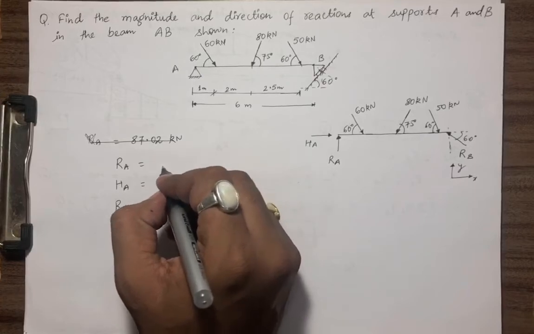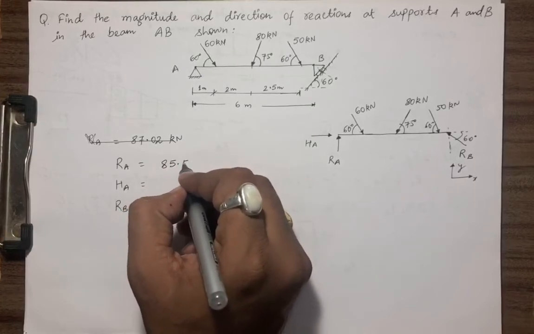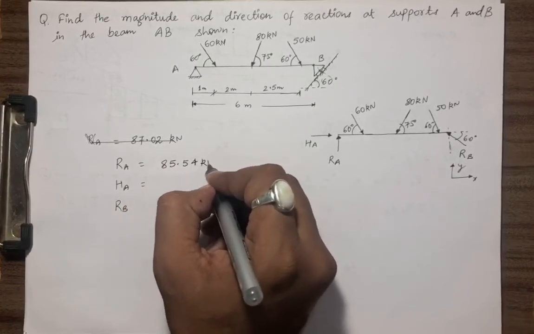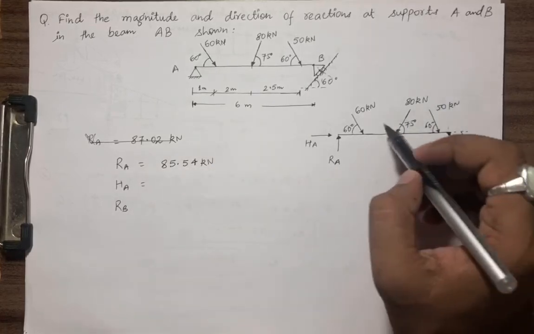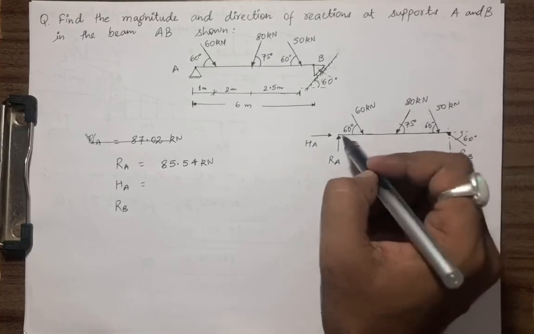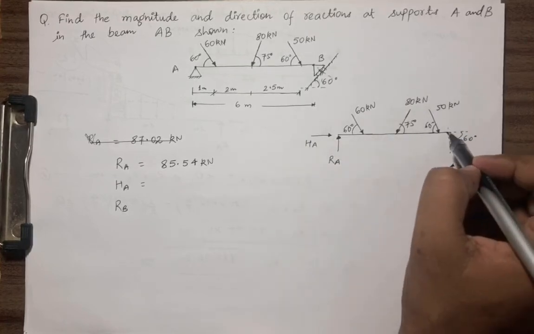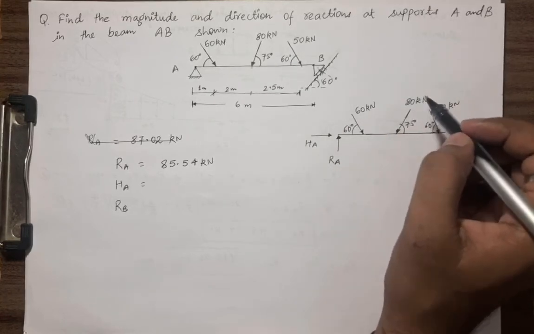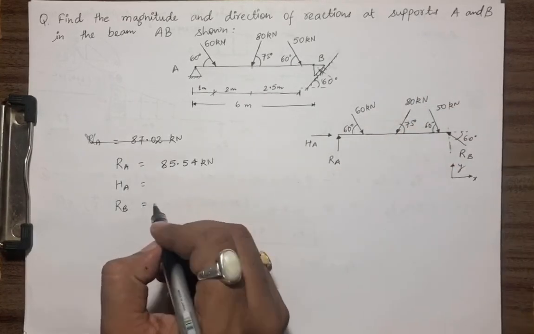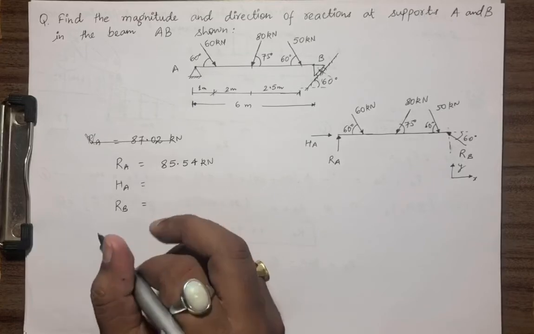So Ra is coming out to be 85.54 kilonewton. What you have to do is just take the moment about any of the points, if you take moment here, and you have to resolve these forces. So this is very basic, I am not going to go into details.